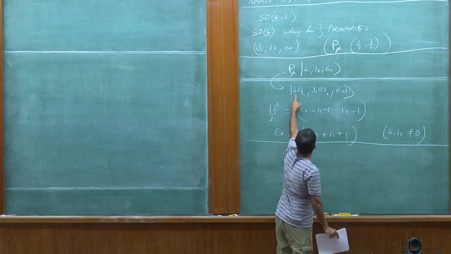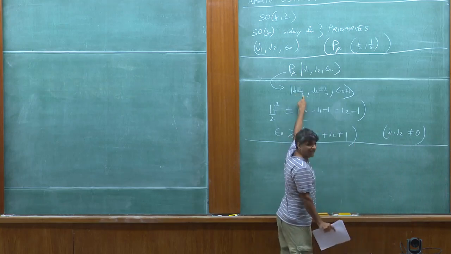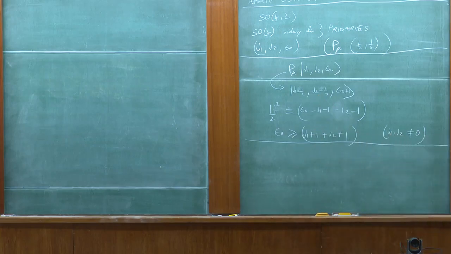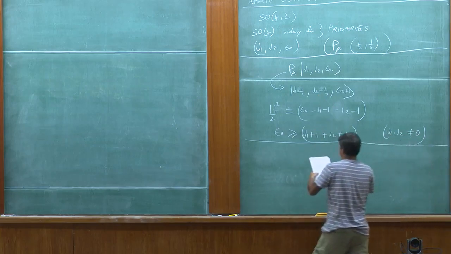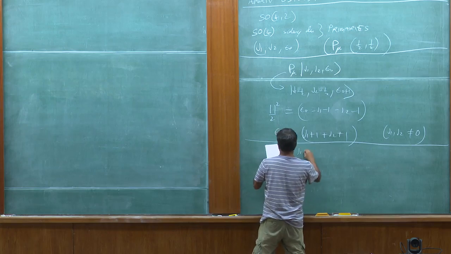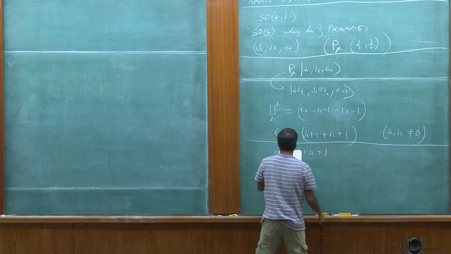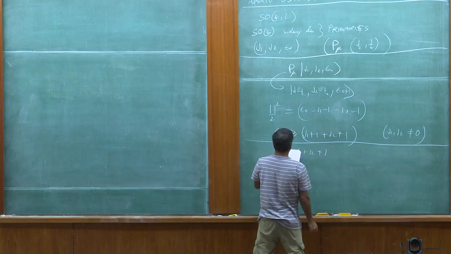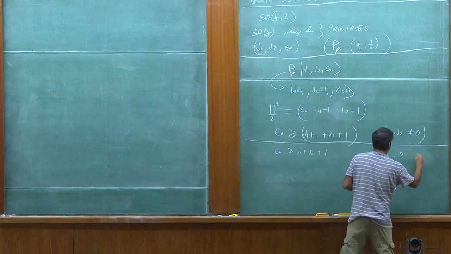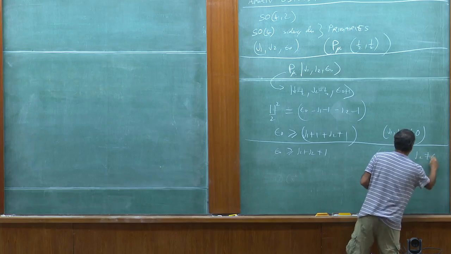Suppose J1 was equal to 0, you would have to take the J1 plus half. And if J2 was equal to 0, you'd have to take the J2 plus half. You find epsilon naught is greater than or equal to J1 plus J2 plus 1. This was the case where either J1 is equal to 0 but J2 not equal to 0, or vice versa.